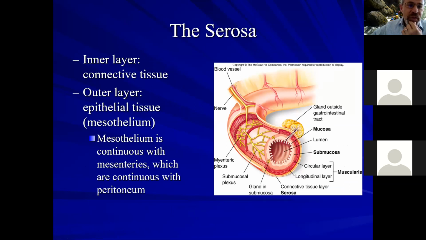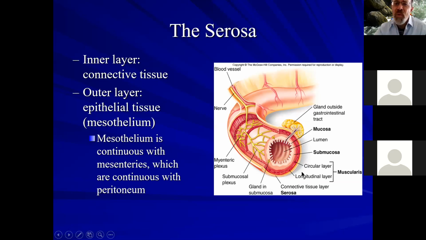All right, what about the serosa? The serosa is the outer part, which is what we're looking at right here. So there's the muscularis, there's the submucosa, there's the mucosa. The serosa consists of an inner layer of connective tissue and an outer layer of epithelium.